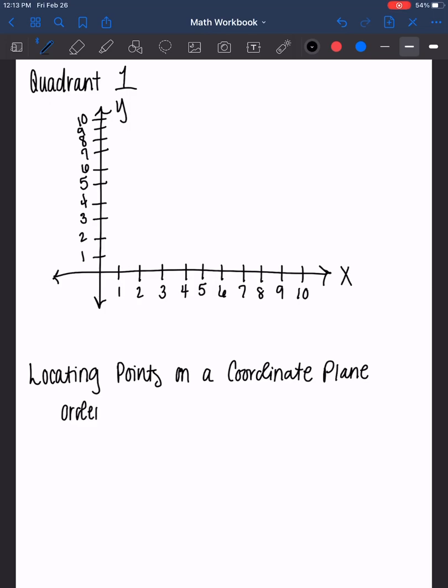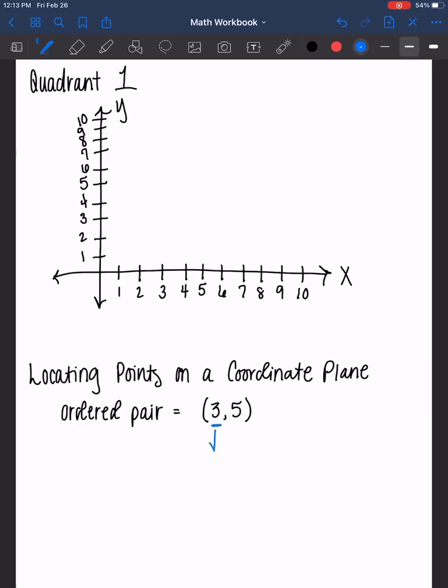So first off, the two measurements that I was just talking about that we need in order to locate an exact point, well, the two measurements, they're called an ordered pair. And this is how an ordered pair is written.